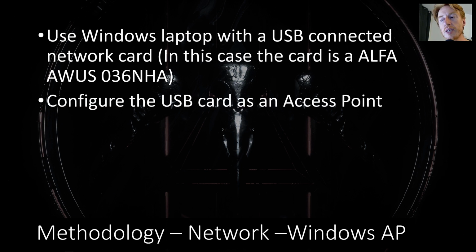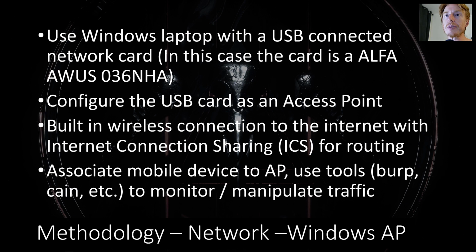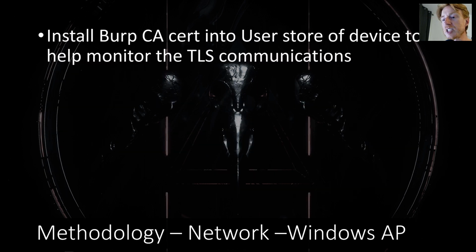You configure the USB card as an access point, and I'll show you how to do that in a second. But you're going to use the Wi-Fi card that's built into the host to be able to connect to the internet. And then you have to enable internet connection sharing for that built-in Wi-Fi in order to establish the Wi-Fi man-in-the-middle position.